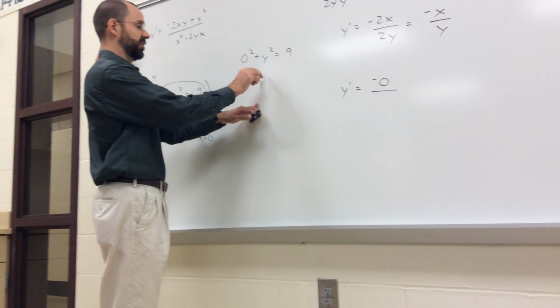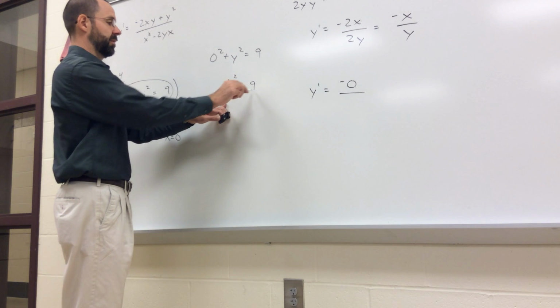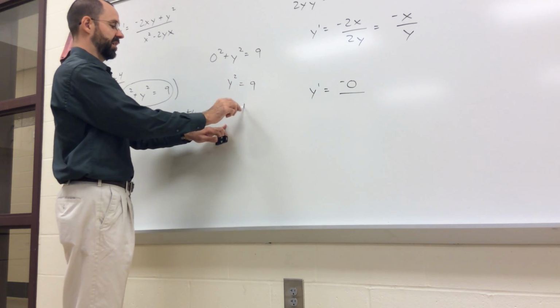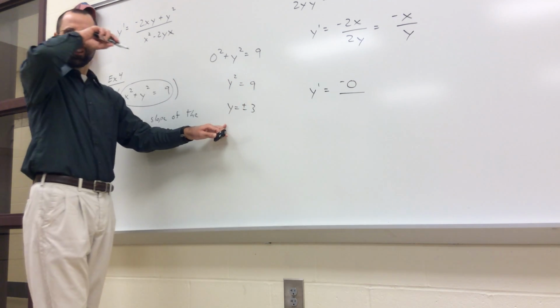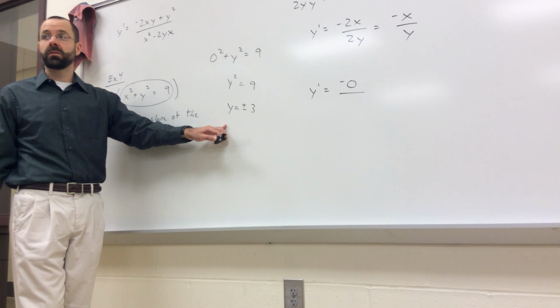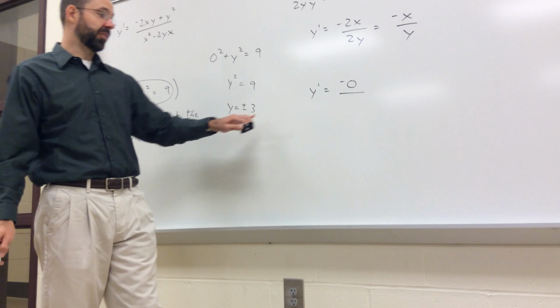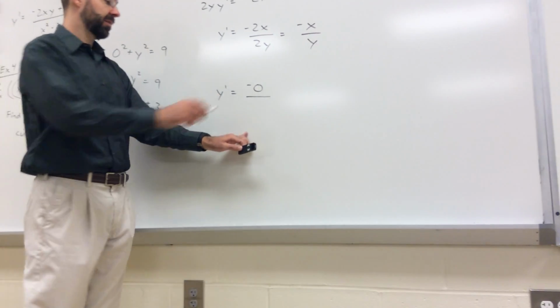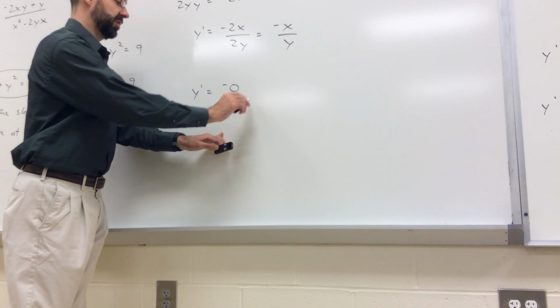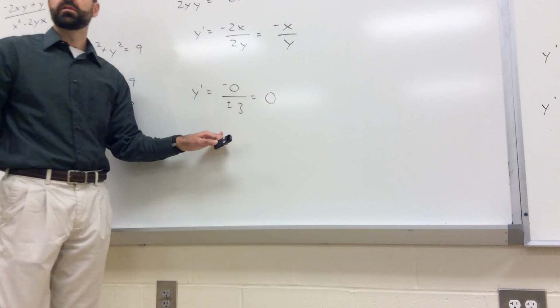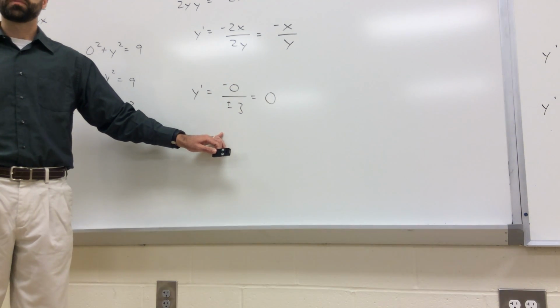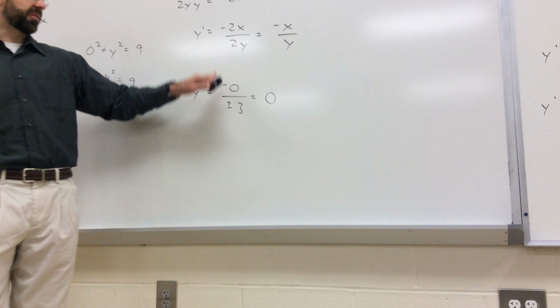So when that happens, you actually get two different y's. You get both positive and negative 3. But it doesn't matter, because either way, this is going to divide out to be 0, right? Now, why did I even bother solving for y?